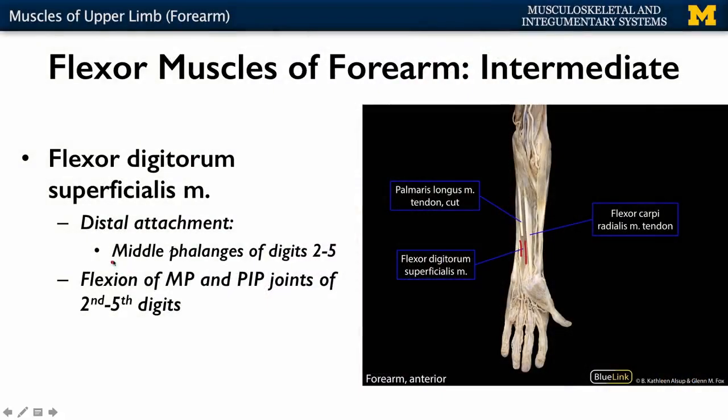Flexor digitorum superficialis attaches to the middle phalanges. So that means that they only will play a role in terms of the PIP, not DIP. So not distal interphalangeal joints, only the proximal interphalangeal joints. They'll also play a role in terms of flexion of the MP, or your metacarpophalangeal joints.